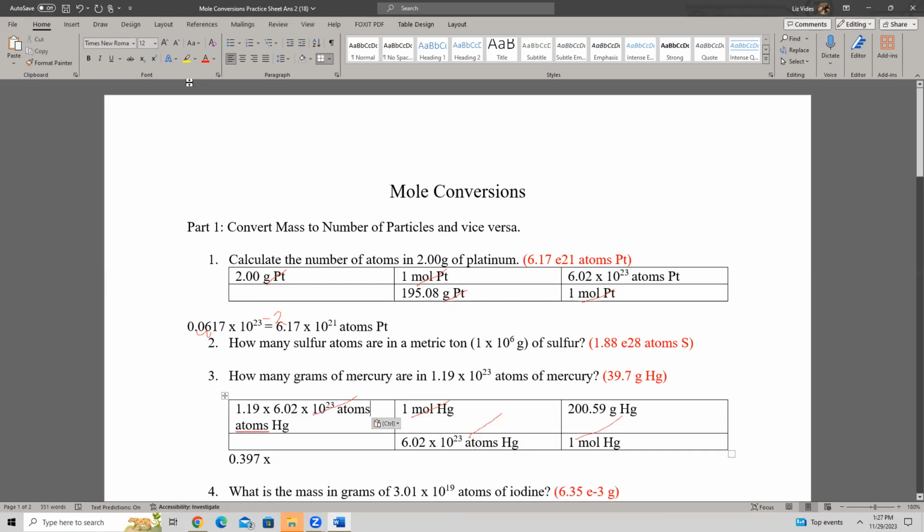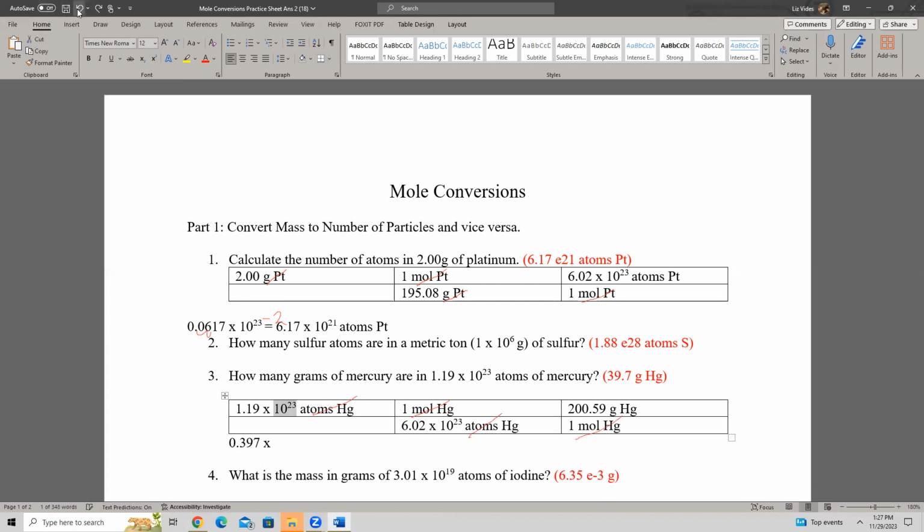Control C. I'm just pasting it right here. And then we have another times, and the times on the bottom is the reciprocal. So basically, this again, but negative.